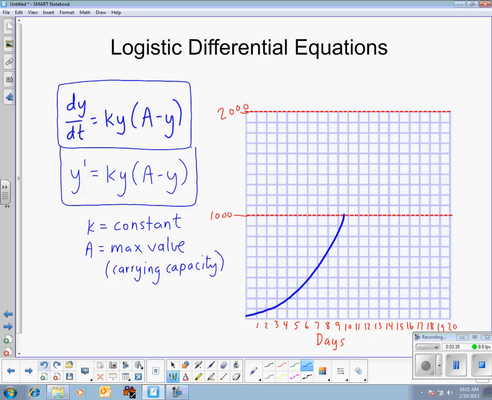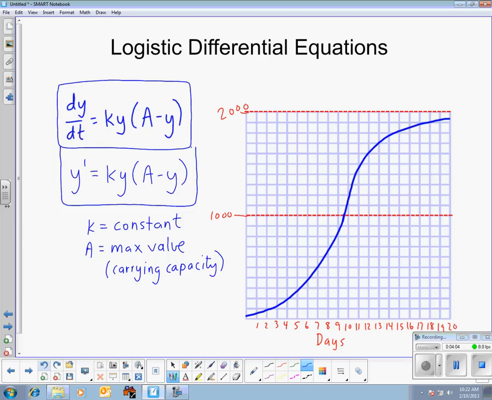However, once you cross the halfway point where half of the school has heard the rumor, it has to start slowing down, because certain people tell people who have already heard, and it starts being a juicy rumor and starts being old news. So what happens at that point is it starts to level back out. The exponential growth goes away, and we start to approach our carrying capacity. So this is the basic form of what a logistic graph looks like.